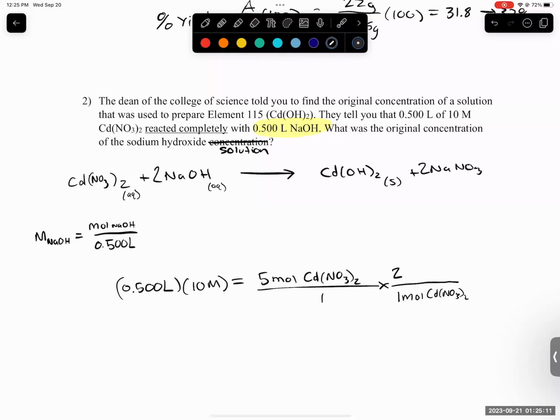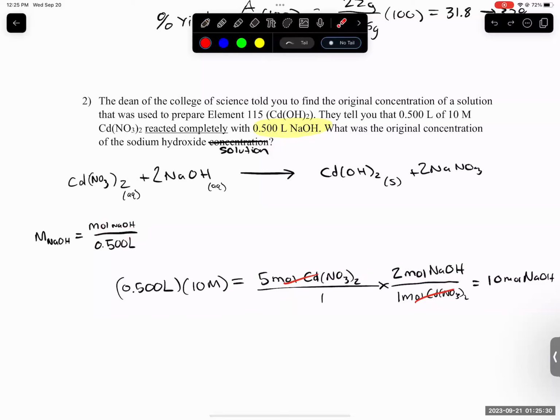So it's going to be 1 to 2, not 1 to 1. And today has just been a long day. All right, so this gives me 10 moles of NaOH. All my units cancel. I'm left with my desired unit, which was moles of sodium hydroxide.